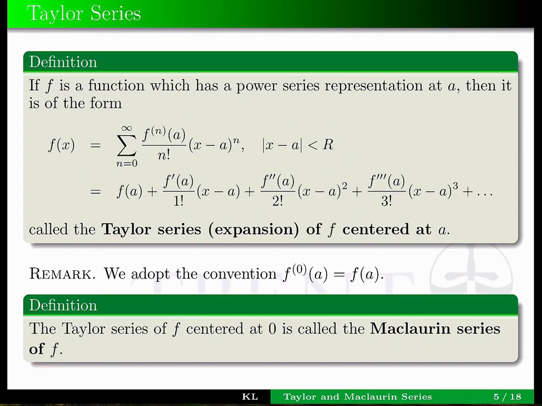Okay? So these are the two special power series. And notice that one of them is actually more special compared to the other, in a sense that the Maclaurin series is just a special case of the Taylor series. Okay?